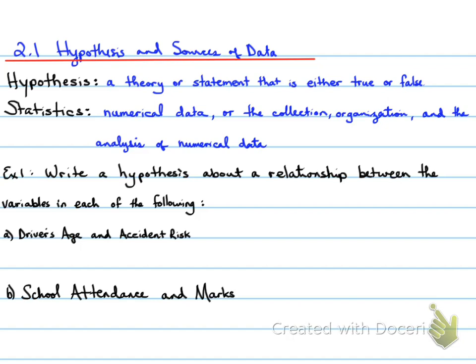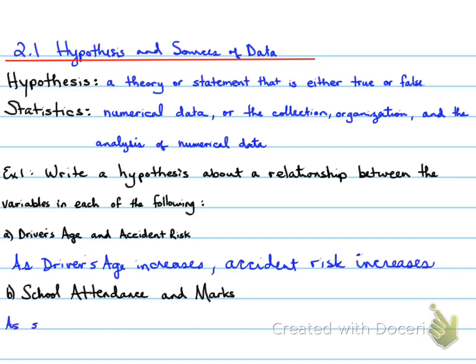It can be true or it can be false, but the idea is that we have to make a statement about driver's age and accident risk. So here's an example of a statement. Now remember, you would have to be able to state whether that statement is true or false. So here's our statement.